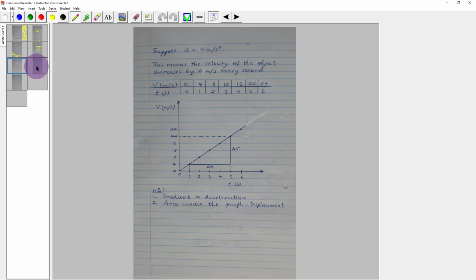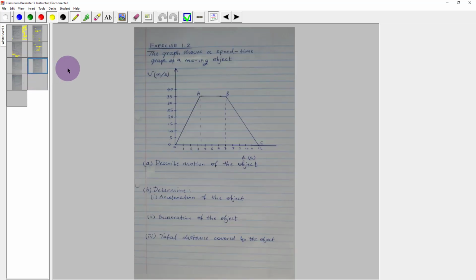Next, I'd like us to look at an exercise. Here we've got a velocity time graph of a moving object. We are required to describe the motion of the object. Over here, I would say that it's a straight line, the gradient is constant.